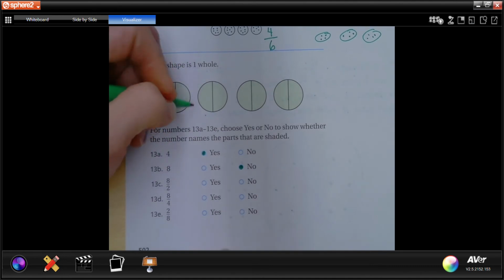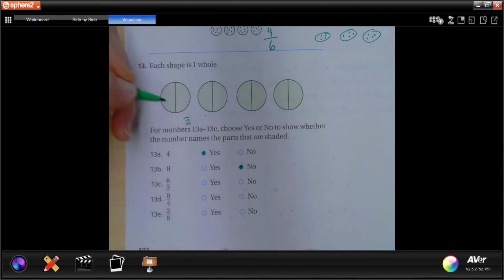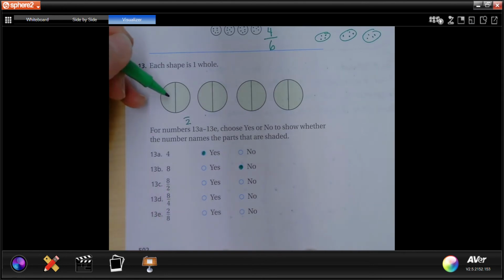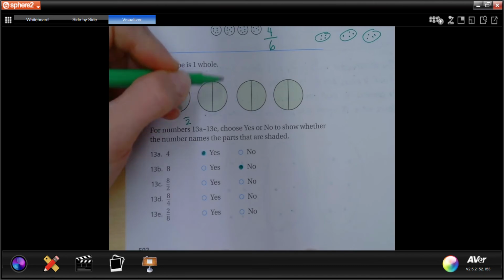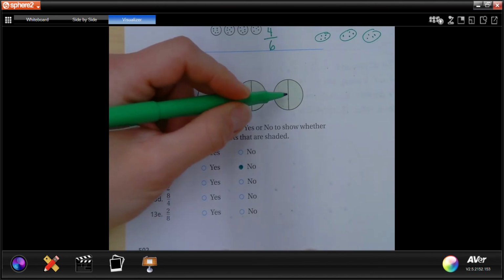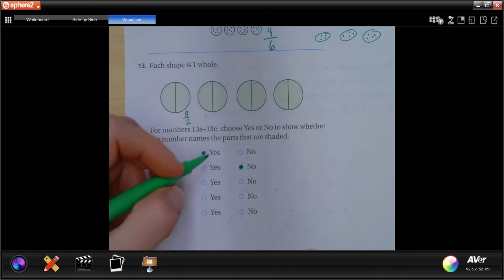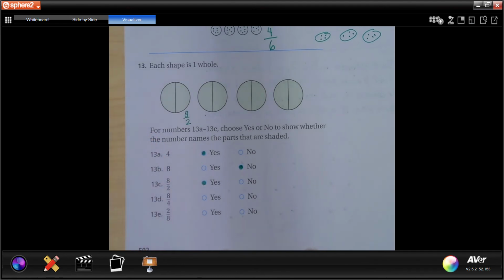So if 2 is our denominator, then that could be correct. Do we have 8 pieces that are shaded? 1, 2, 3, 4, 5, 6, 7, 8. Yes, we do. That is correct.